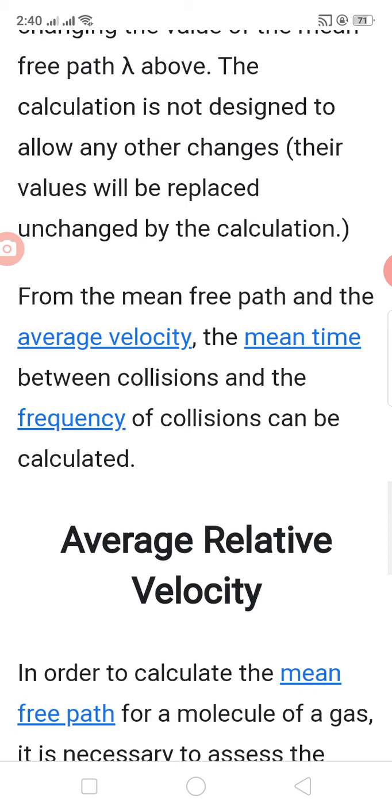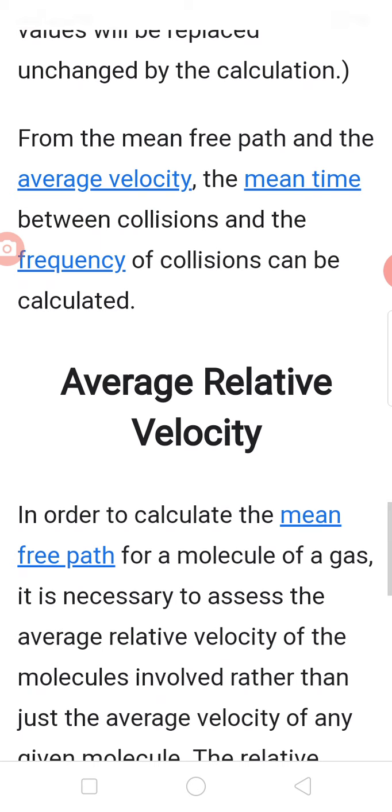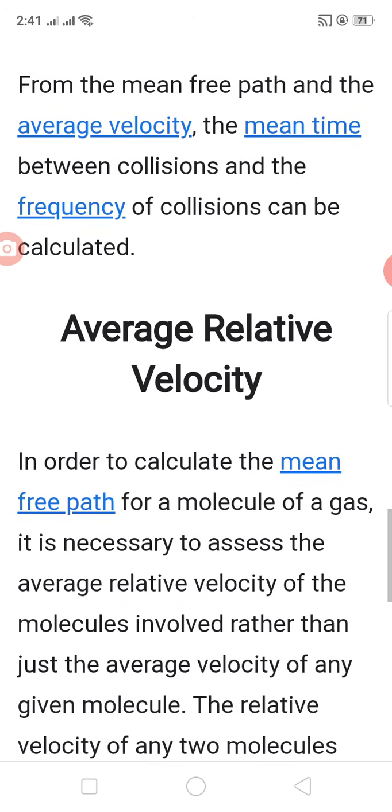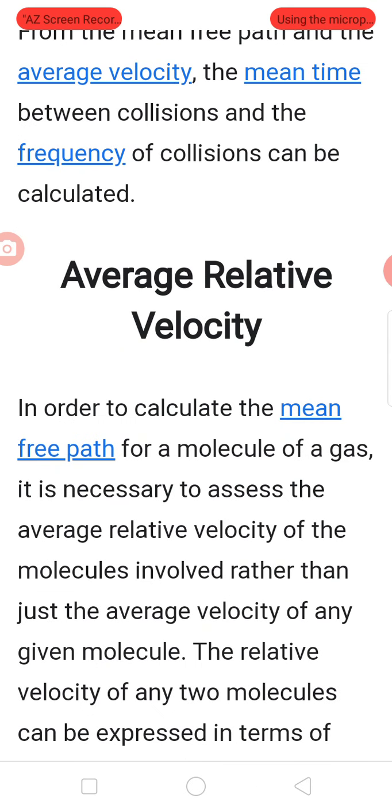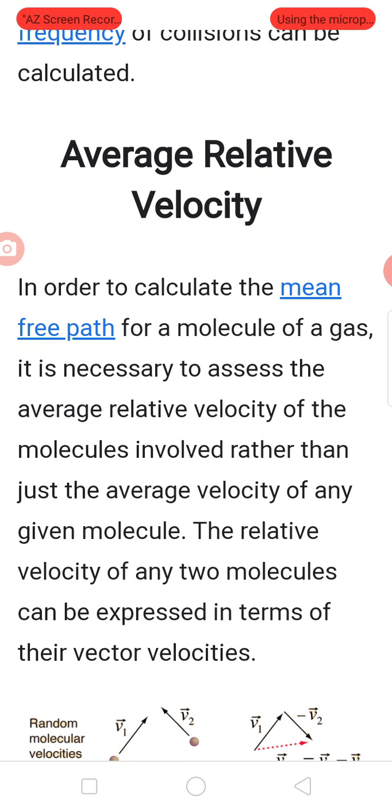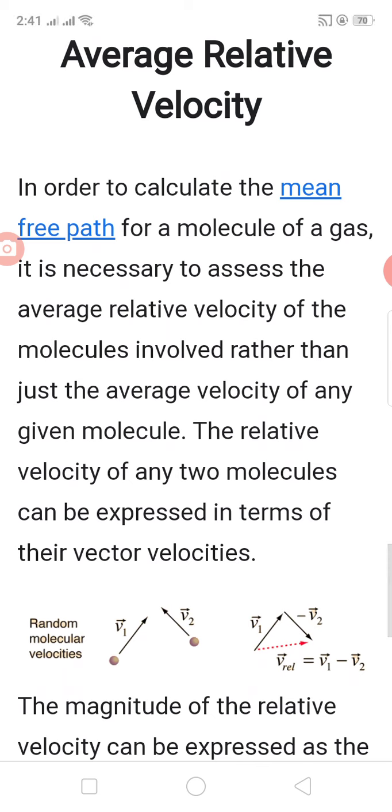Average relative velocity. In order to calculate mean free path for a molecule of the gas, it is necessary to assess the average relative velocity of the molecules involved rather than just the average velocity. We use the average relative velocity in place of the average velocity of just the given molecule. The relative velocity of any two molecules can be expressed in terms of their vector velocities.